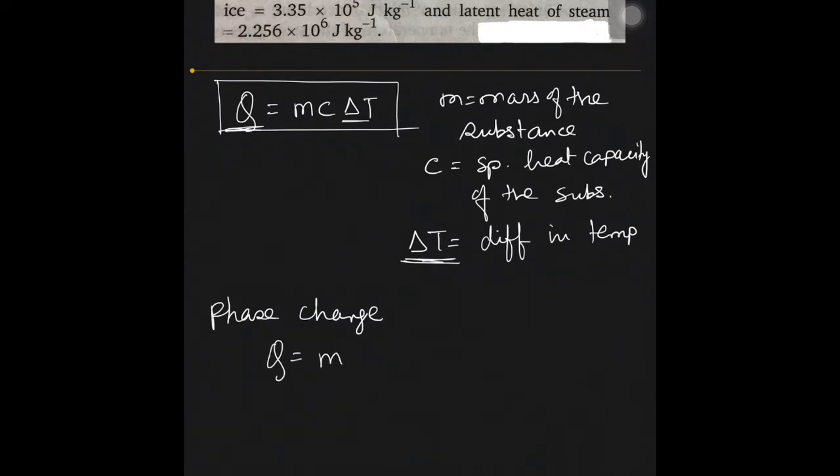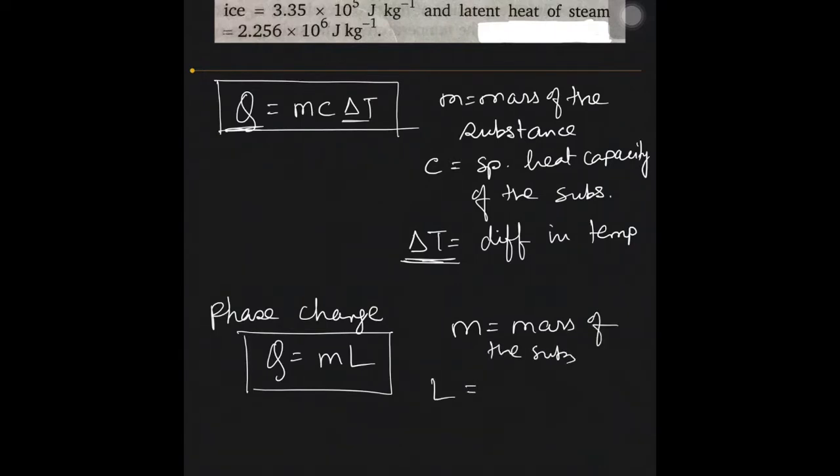Here the formula is Q is equal to ml only, where once again m is the mass of the substance and L is the specific latent heat, or you can only say latent heat. Specific latent heat and latent heat are the same, but specific heat capacity and heat capacity are not the same.